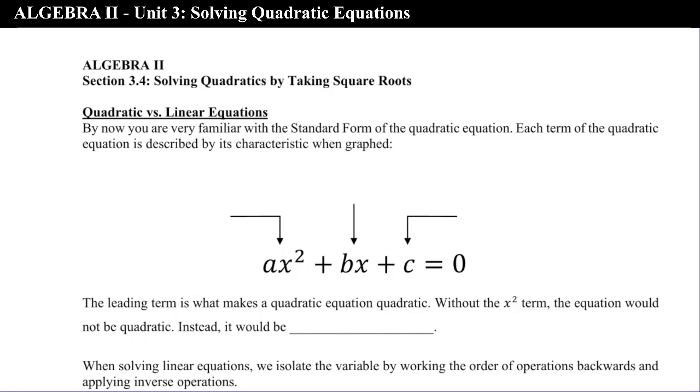So before we get into the technique of taking square roots to solve a quadratic outright, let's talk a little bit about quadratic versus linear equations. By now you are very familiar with the standard form of a quadratic equation. Each term of a quadratic equation is described by its characteristic when graphed. So this first term, the ax squared term, is our quadratic term.